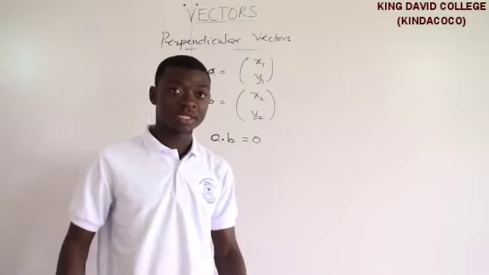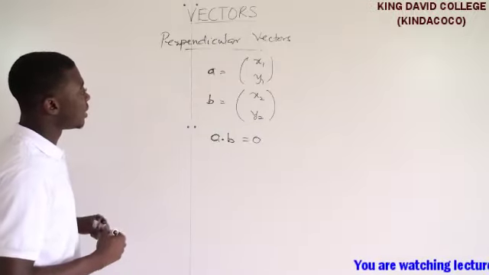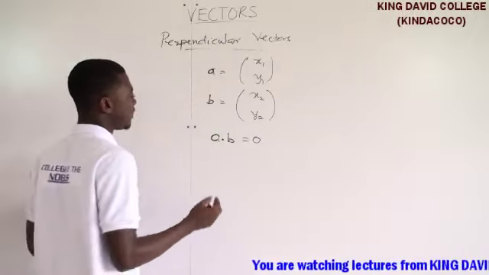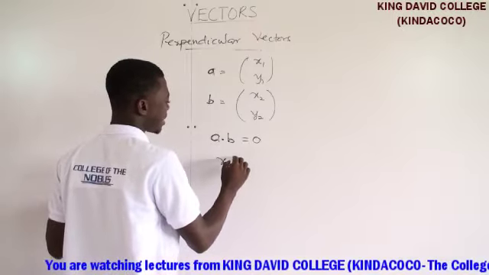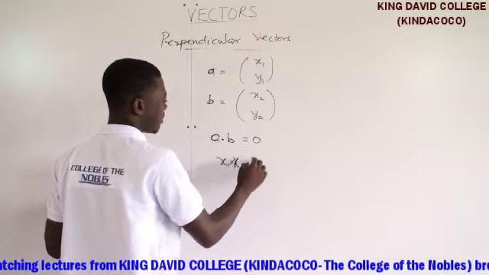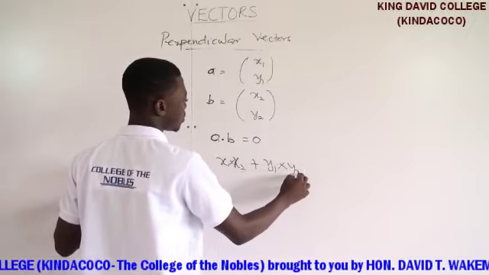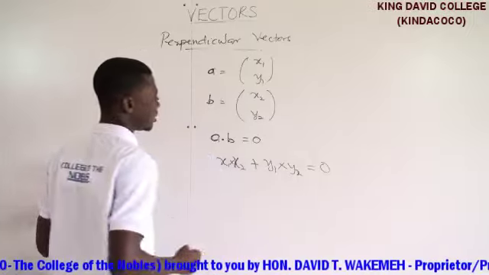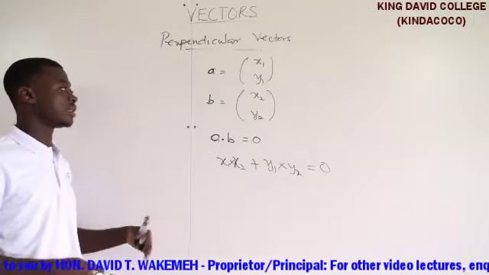So, meaning that x1 times x2 plus y1 times y2 should be 0. When this is 0, then these two are perpendicular.